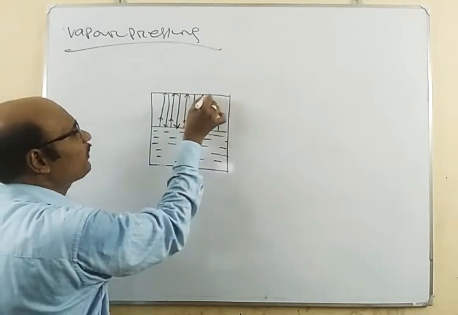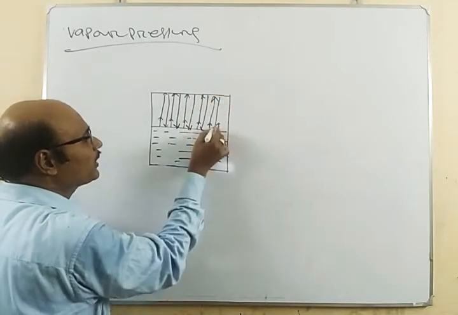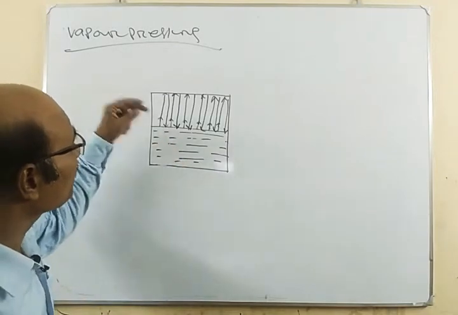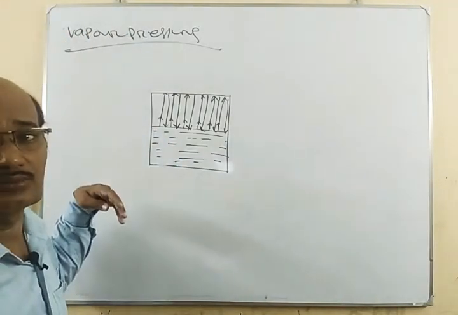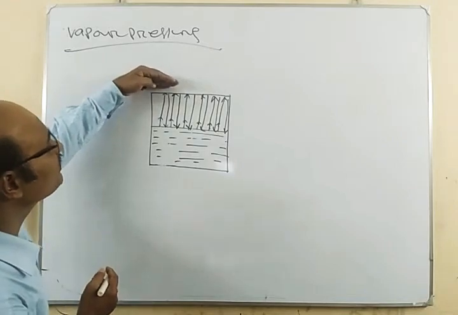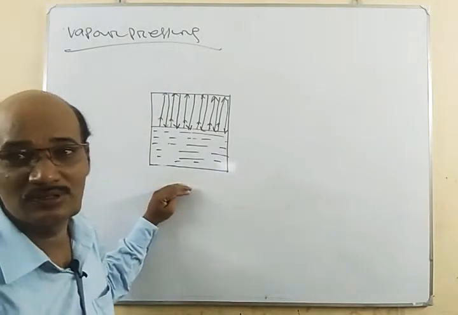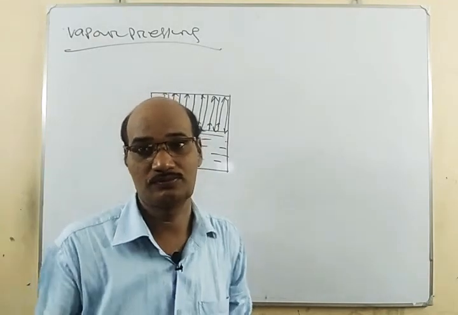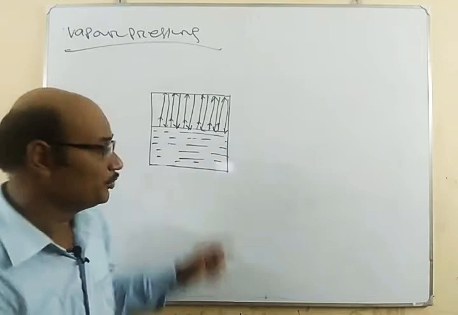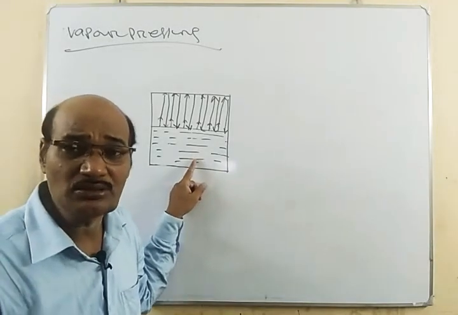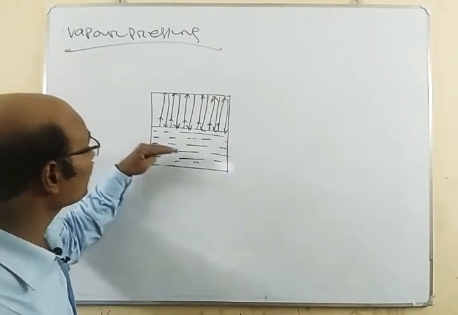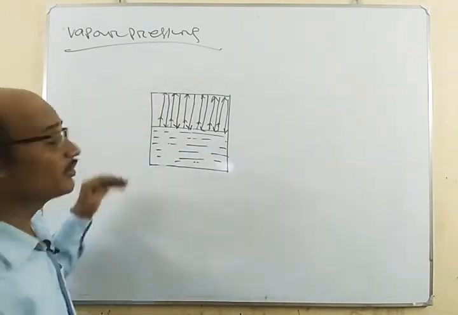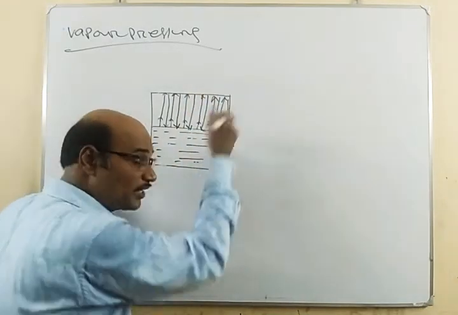So after a particular time period, what happens? The number of water particles converting into vapors, and again the vapors condensing into liquid will be equal. That is called equilibrium position. So equilibrium position is the position where the number of water particles converting into vapors is equal to the number of vapors condensing into liquid.